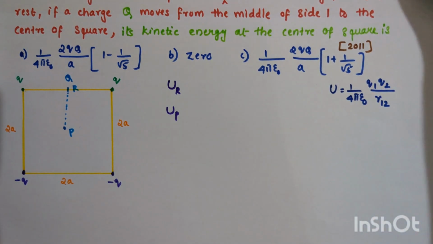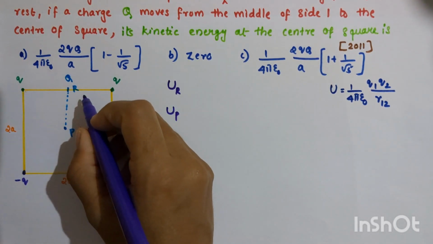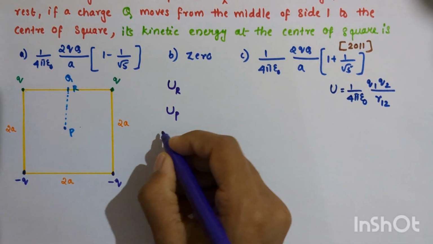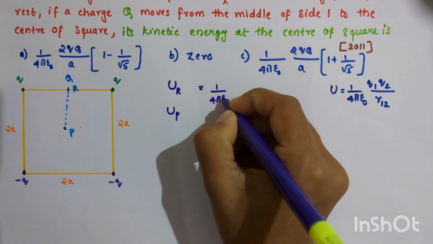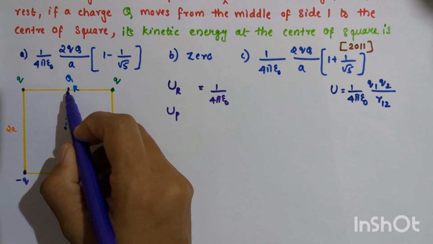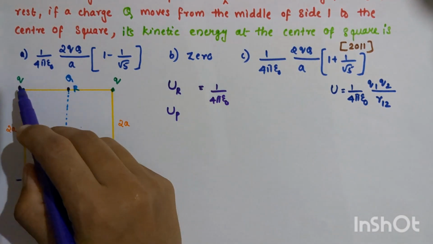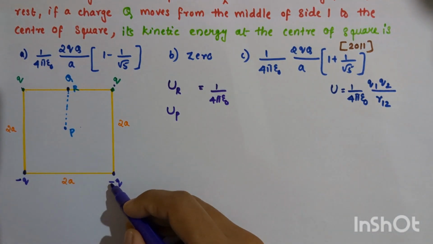So when we consider this UR, which is the potential energy at this point R, we can write UR is equal to 1 by 4 pi epsilon 0. When we consider the potential energy of this charge capital Q at this point, there is one charge Q here, another charge Q here, minus Q here and minus Q here.